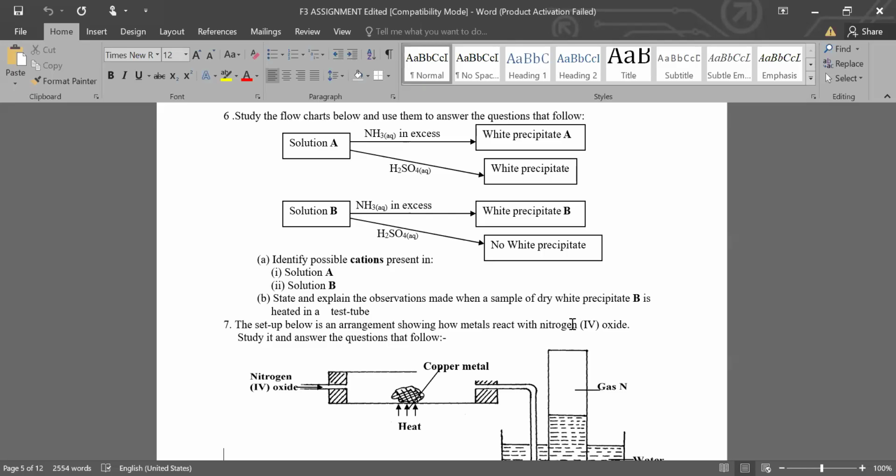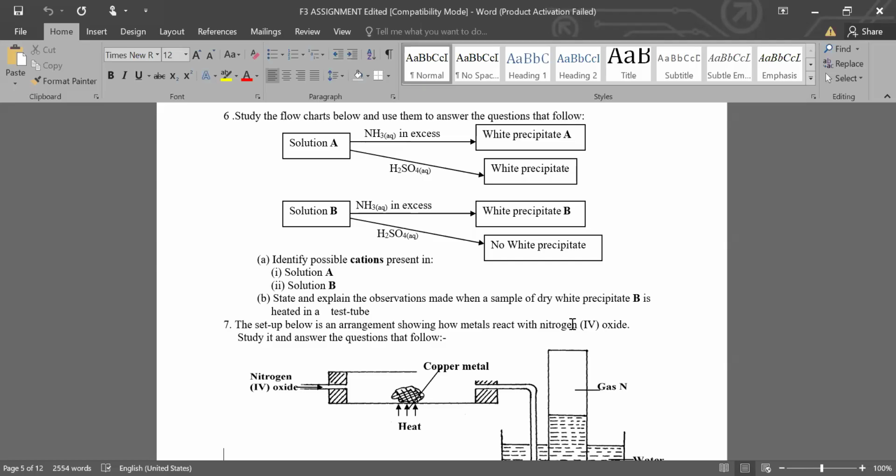So take magnesium nitrate, add ammonia hydroxide, then the product is going to be magnesium hydroxide plus ammonium nitrate. B is magnesium hydroxide.